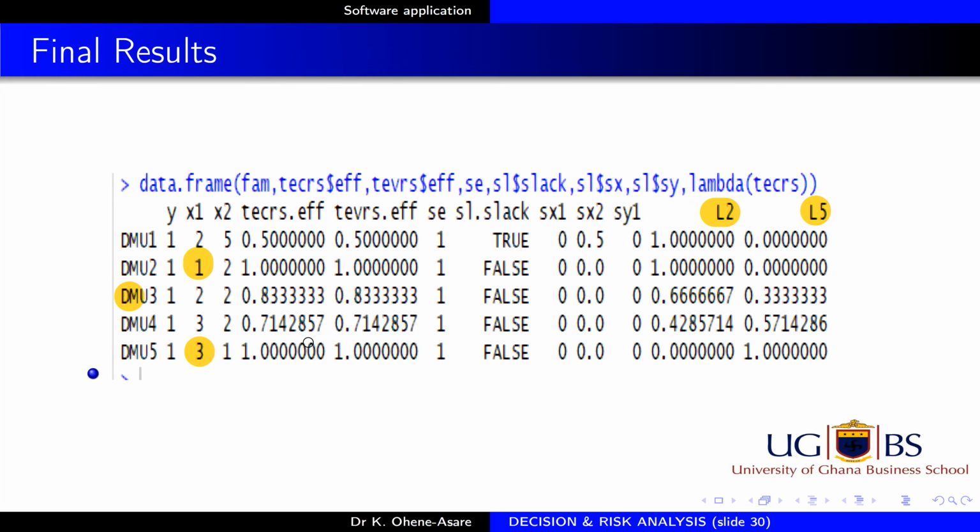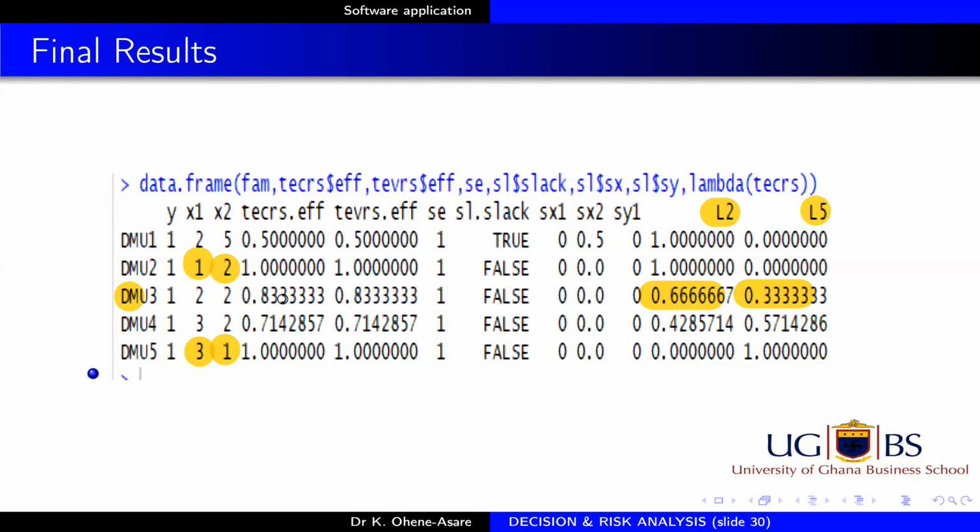But you will not use the first input of the peers. You use the second input of the peers. So you are still going to multiply 0.66 times, this time not input 1 of DMU2, but input 2. Then you multiply the 0.33, which is coming from DMU5, by DMU5's input 2, which is 1.